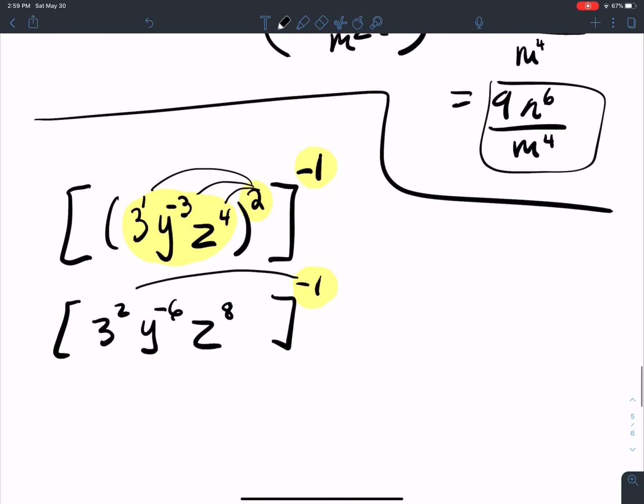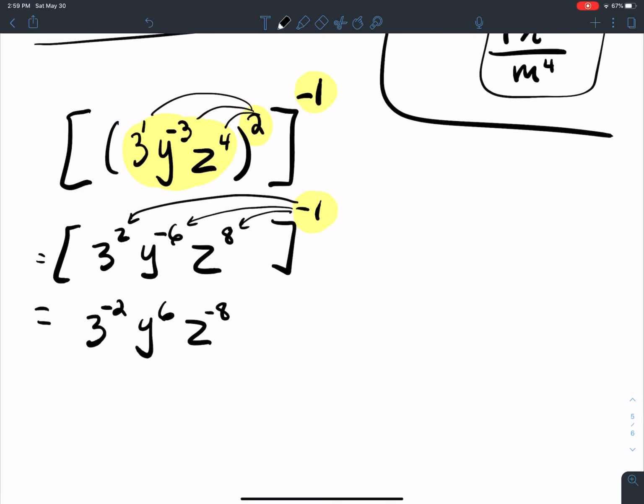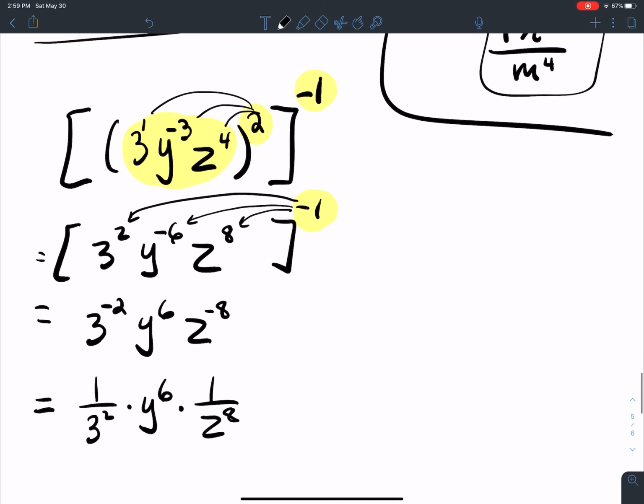And so this is going to get me 3 to the negative 2. And then negative times negative makes a positive. And then negative and positive make a negative. And I can simplify. First thing I'm going to do is get rid of those negative exponents by doing the reciprocal. So this is 1 over 3 squared, y to the 6, and then 1 over z to the 8.